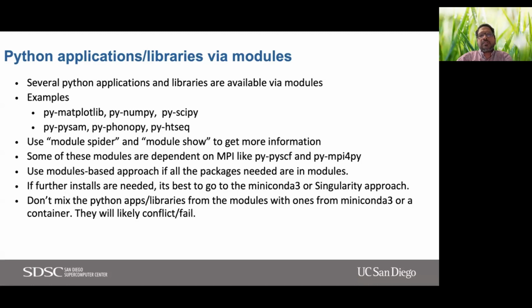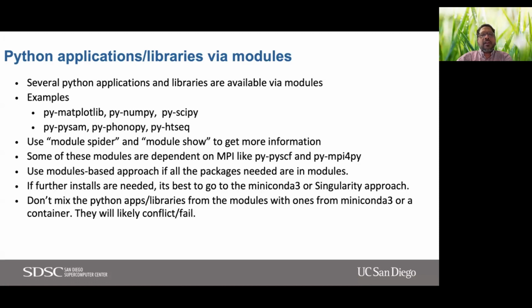Some of these modules are dependent on MPI, like PySCF and mpi4py, for example. If all the Python packages you need are available in our modules, you can just use a modules-based approach and you don't need to do anything else.